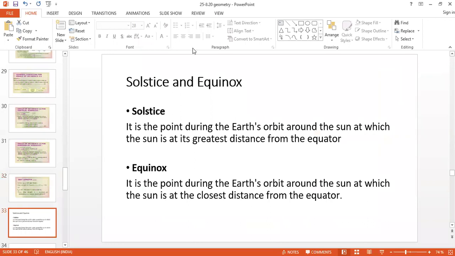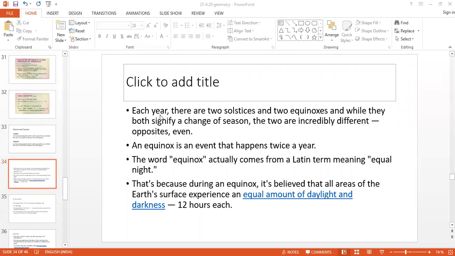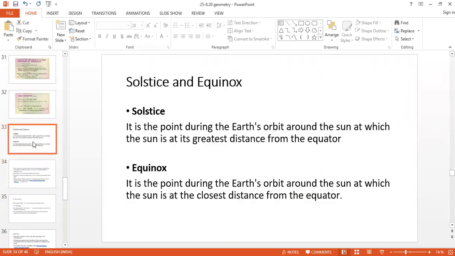And the next topic is solstice and equinox. What is the definition of solstice? Solstice is defined as a point during the Earth's orbit around the sun at which the sun is at its greatest distance from the equator.